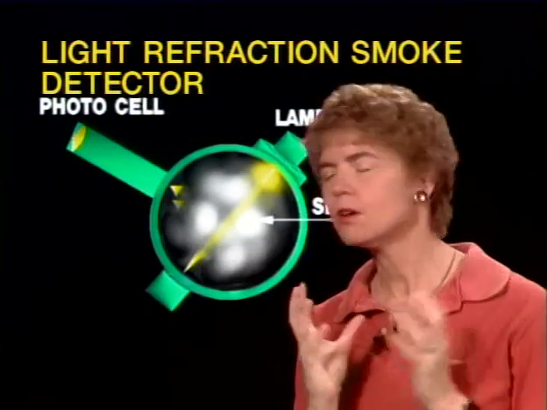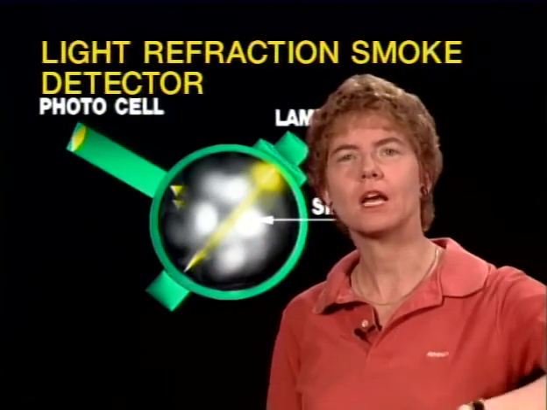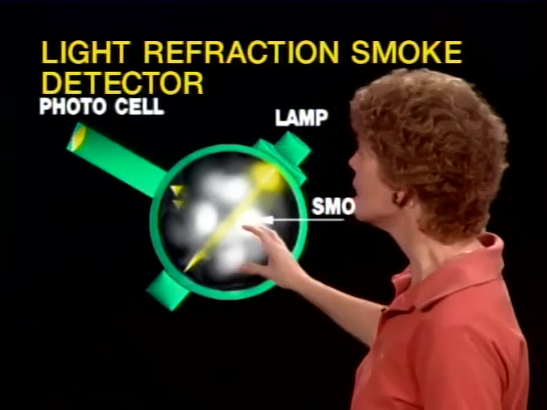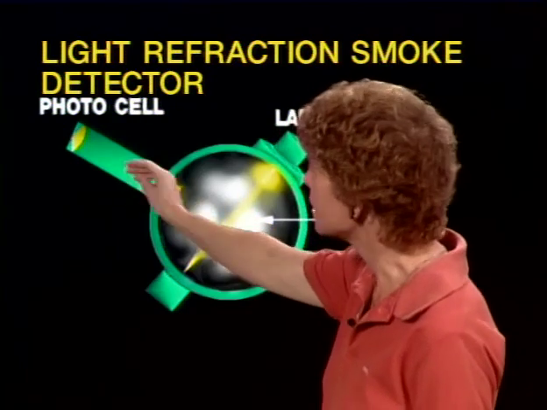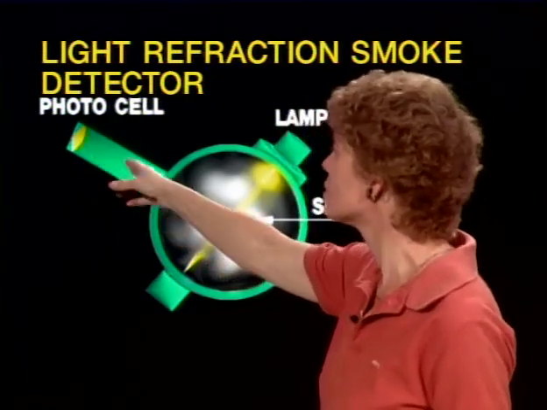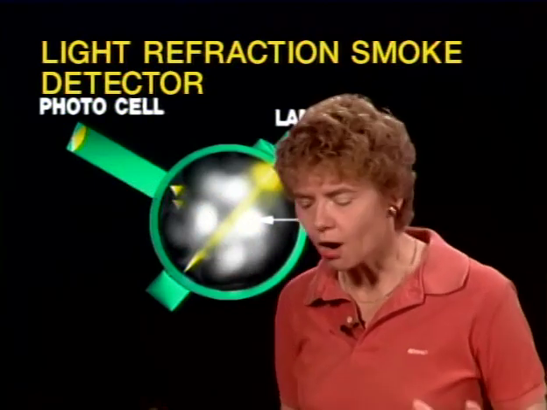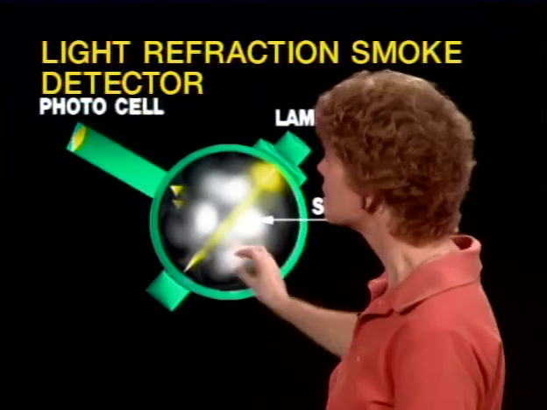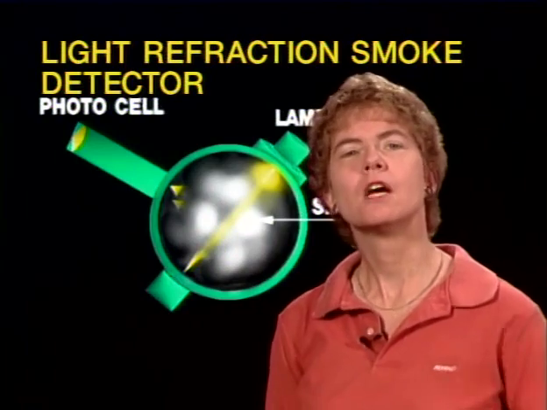But if there's smoke in the air, or possibly some other contaminant like dust or something like that, it will scatter and refract the light, and it will refract the light into the sensor, which will tell you then that you have smoke moving through that unit. Although it can be confused not just by smoke but by dust and other contaminants in the air.